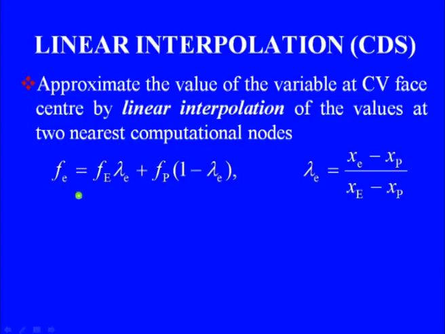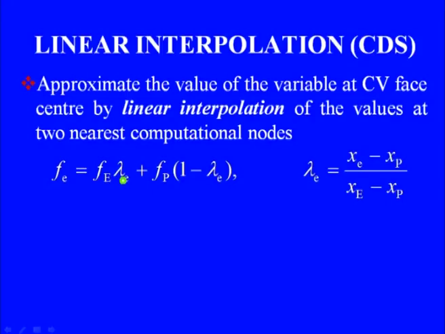So, for instance, if you are looking at the east face, the function value at the east face would be a linear interpolation of the function value at capital E, that is the eastern node, and the current node P, and we use a weighting function lambda E. This lambda E would depend on the relative locations of the computational nodes capital E and capital P with respect to the eastern face.